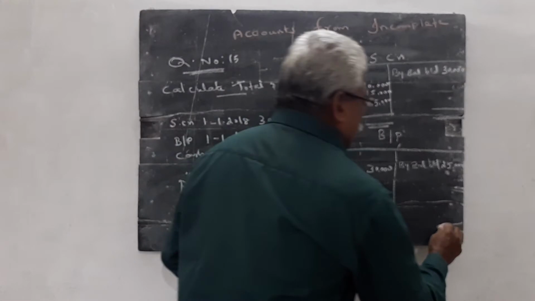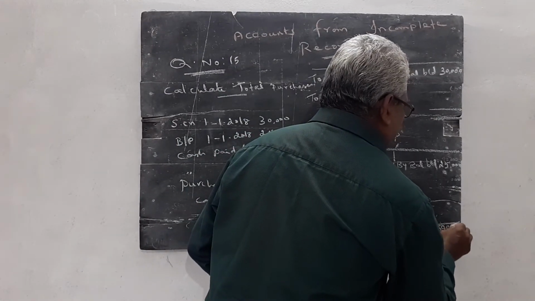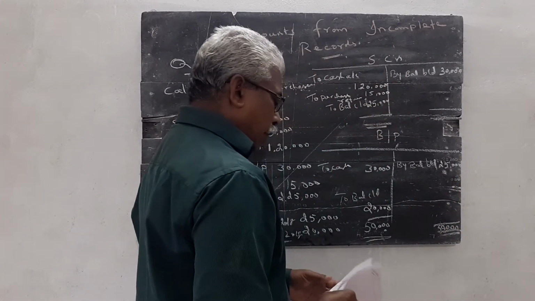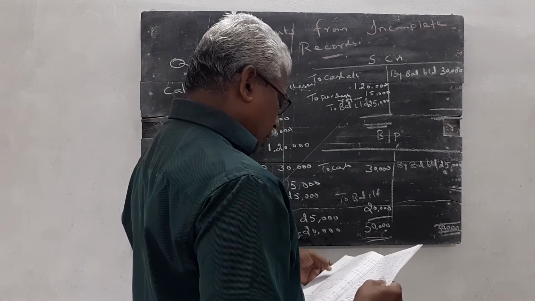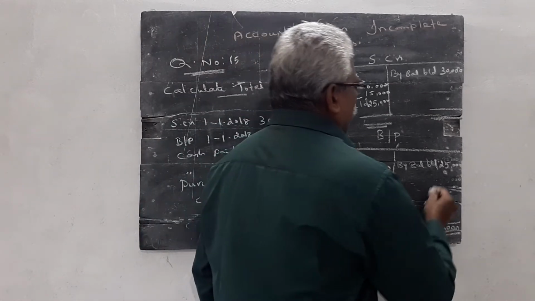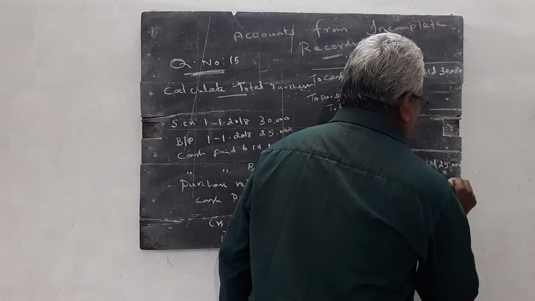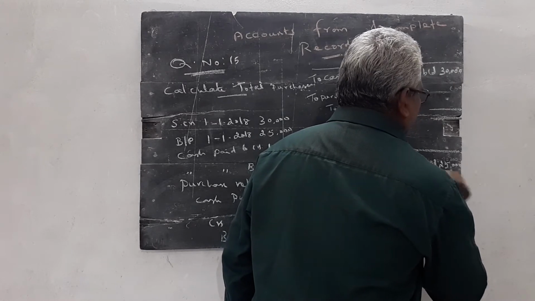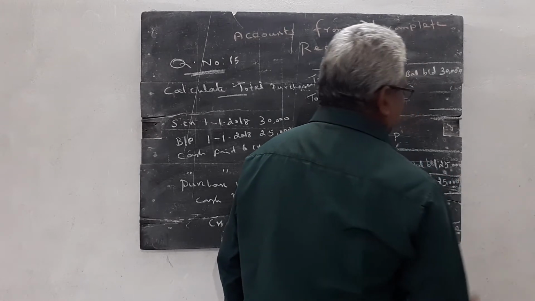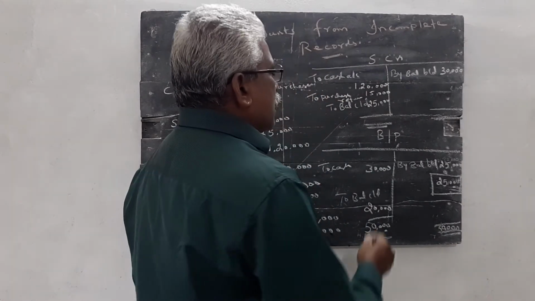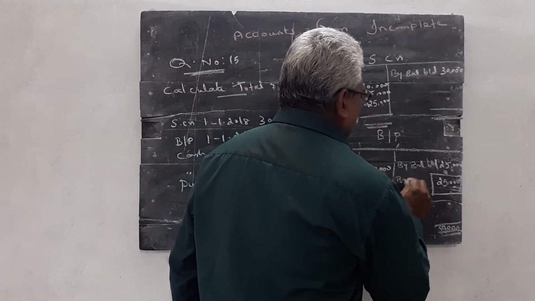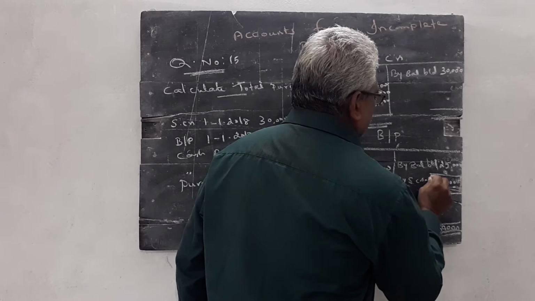This 50,000 is entered here also. 50,000 minus 25,000 is equal to 25,000. So bills payable answer is 25,000. This amount is transferred to sundry creditors account.